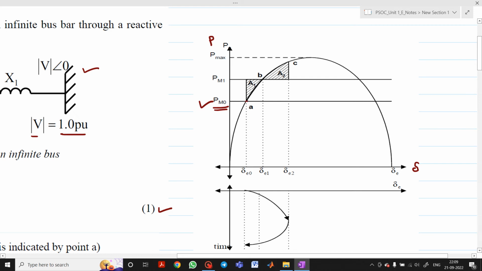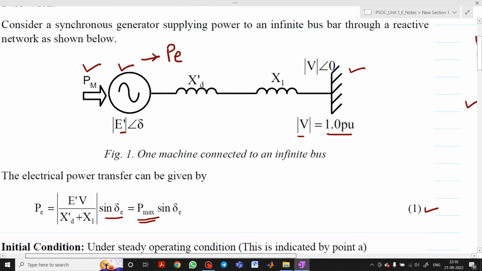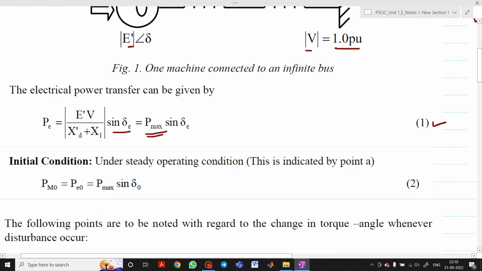Here you see point A. At point A, PM0 intersects this curve, which is the curve of PE. So at initial steady operating condition, PM0 equals PE0 equals Pmax into sine delta 0.